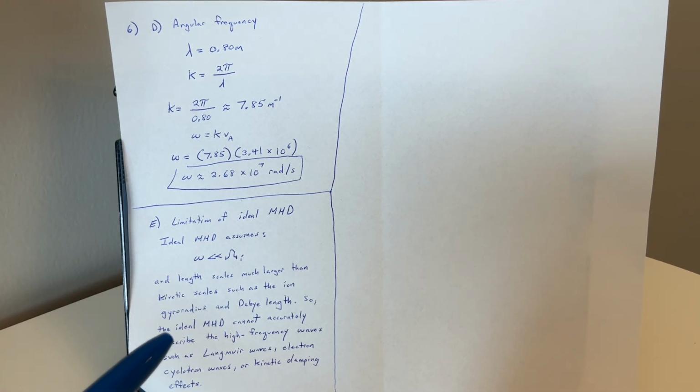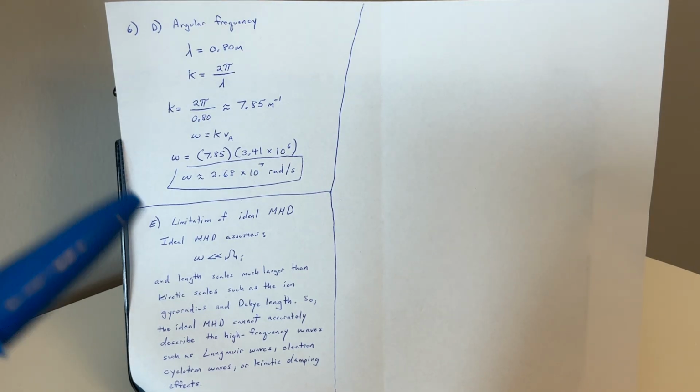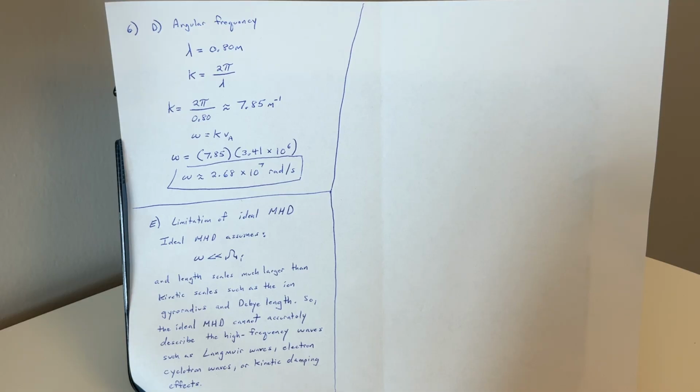So ideal MHD cannot accurately describe high frequency waves such as Langmuir waves, electron cyclotron waves, or kinetic damping effects. And I apologize for my very poor symbol drawing there.